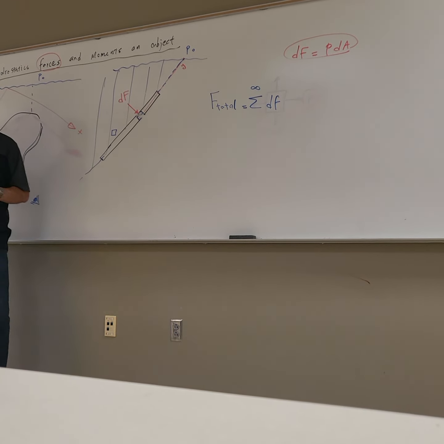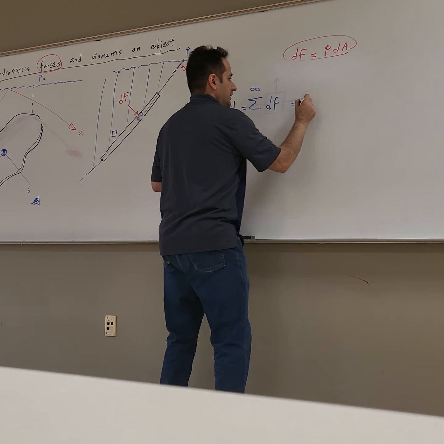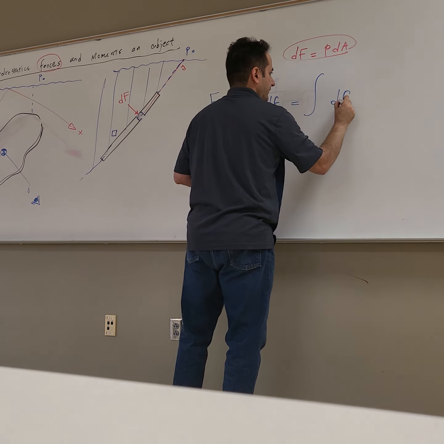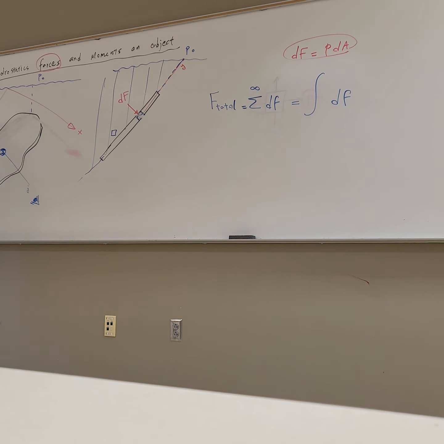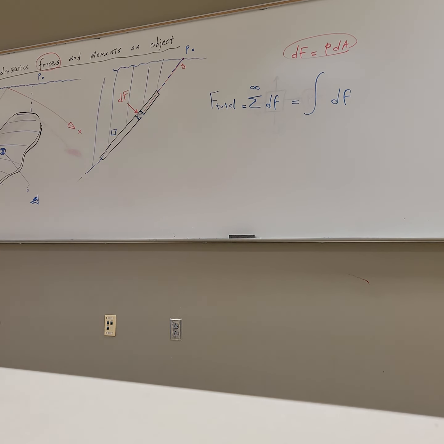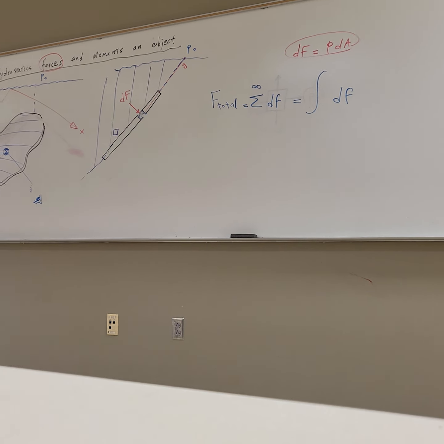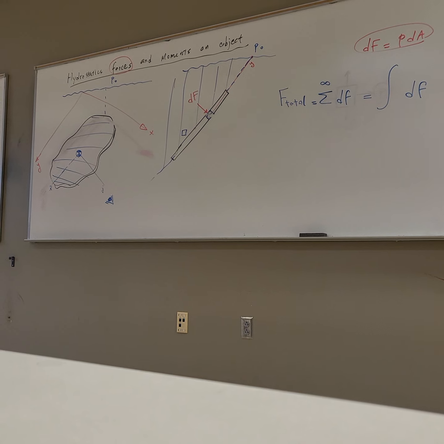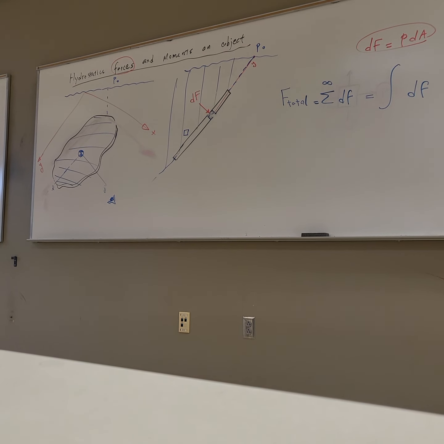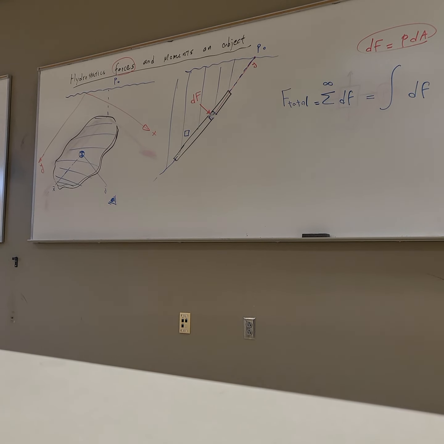What do I mean by sum to infinity? Integral of dF. Integral over where? The area. The entire area of this weird plate. Now, in your calculus book, you had complicated two-dimensional shapes, and they asked you to evaluate a double integral over those shapes.